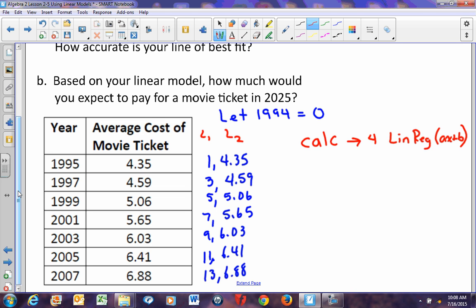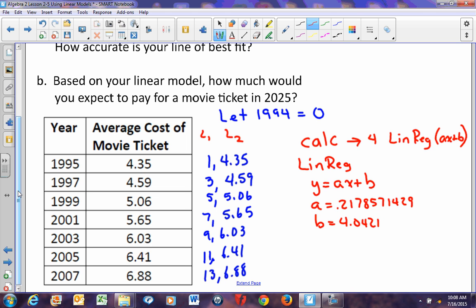It's going to say linear regression, LinReg, and it's going to give you y equals ax plus b, and it's going to tell you a equals 0.2178571429, and b equals 4.042142857, and then you should have an R underneath that.